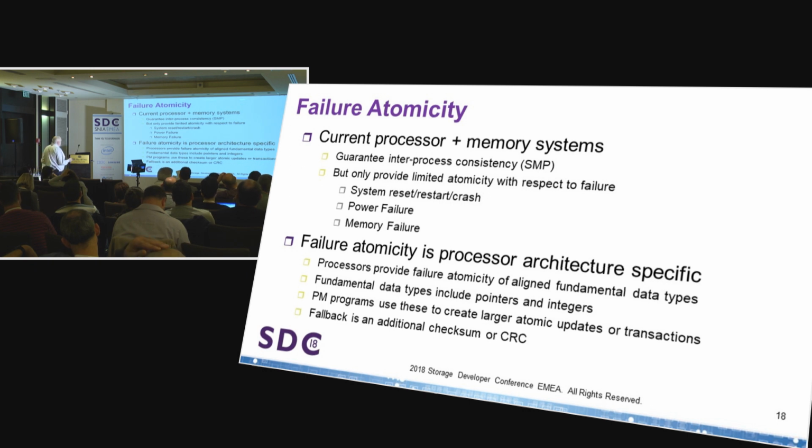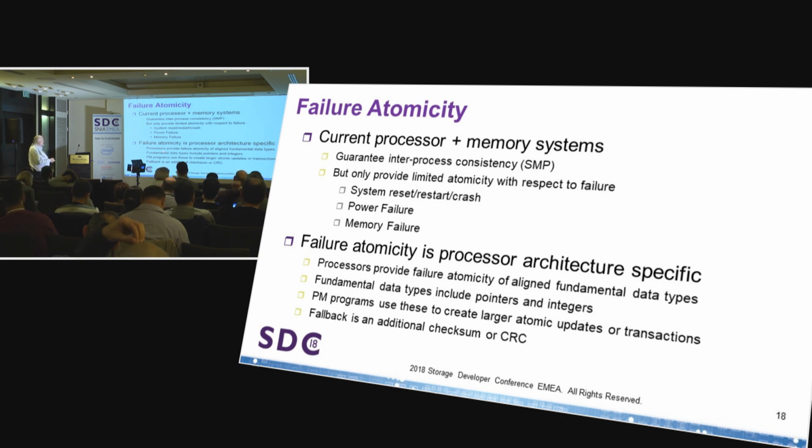But not just power failure: system reset, restart, crash, somebody may be coming in and about to reset your whole system. The cloud may be right about to move you to another physical machine. And there are such things as memory failure as well that you have to worry about. So failure atomicity itself is going to be processor and CPU complex architecture specific in a lot of cases.